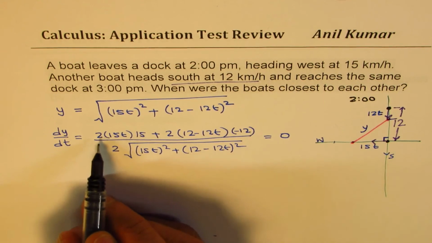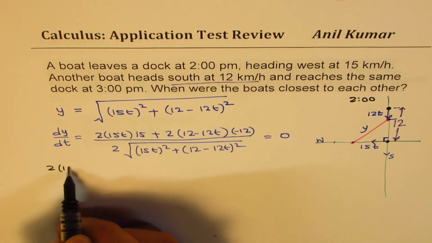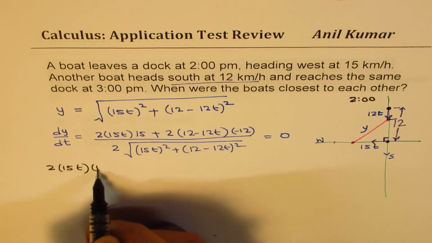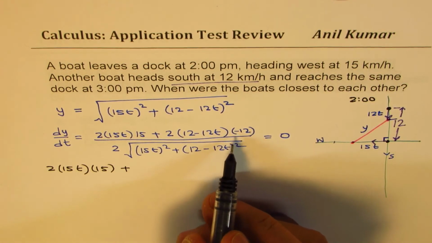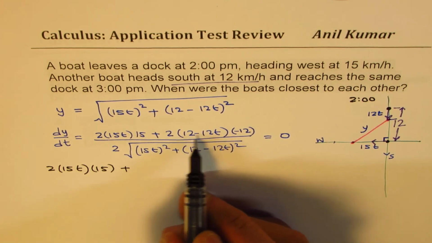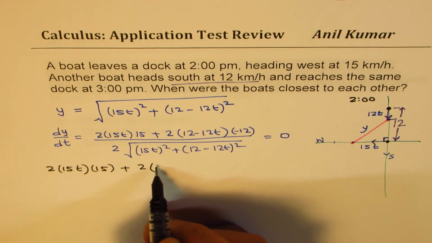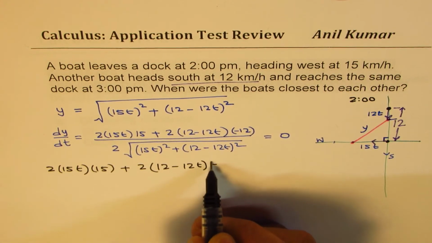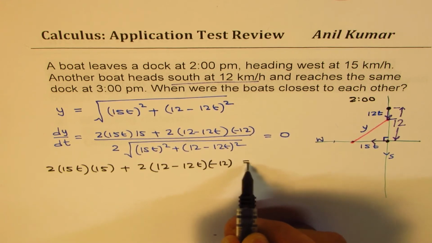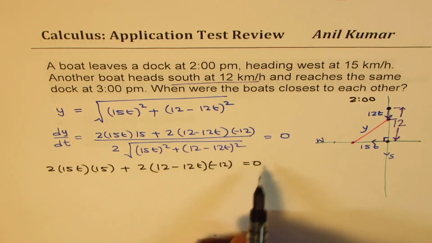So we have 2 times 15t times 15 plus, you could factor this 12 also out, right? So we have 2 times minus 12 equals 0. Since this is minus 12, we could take it to the other side.